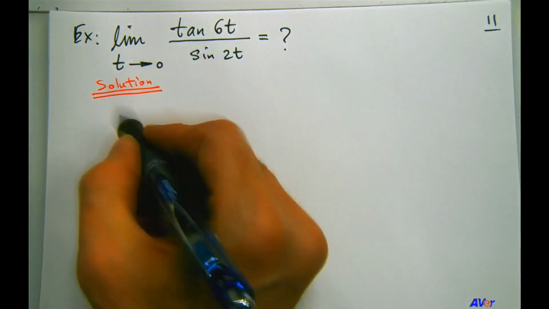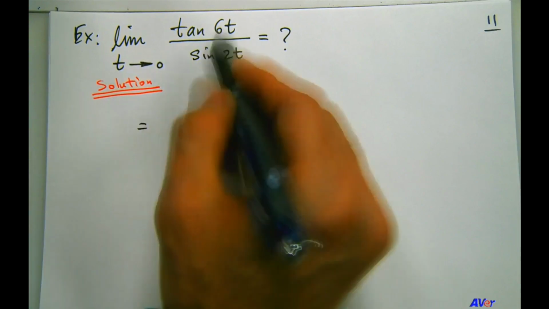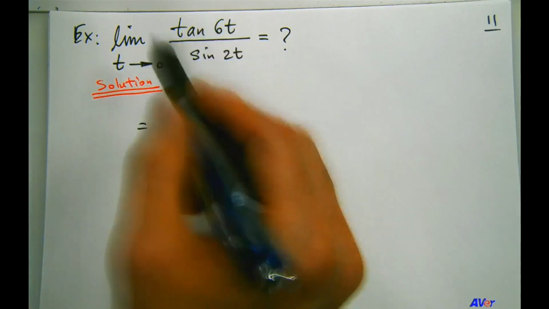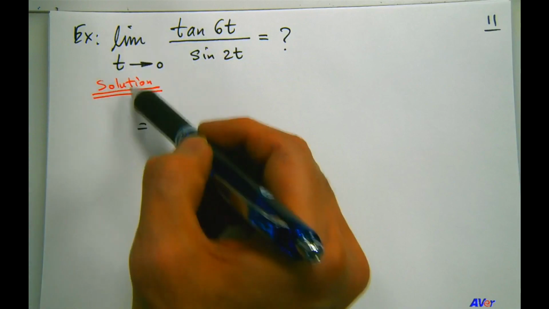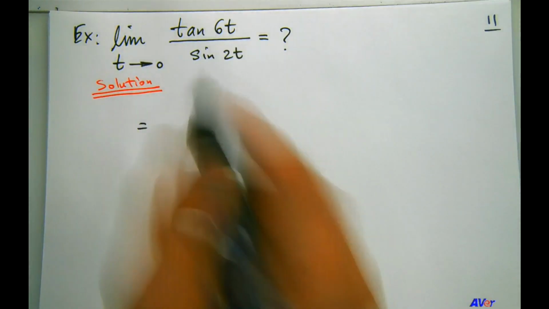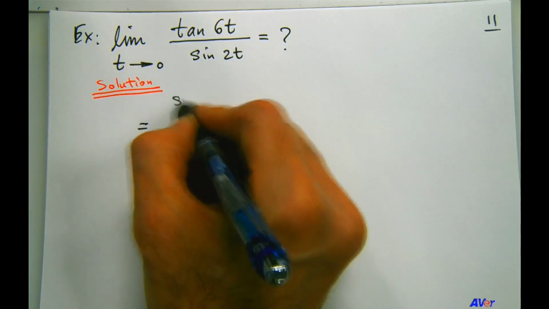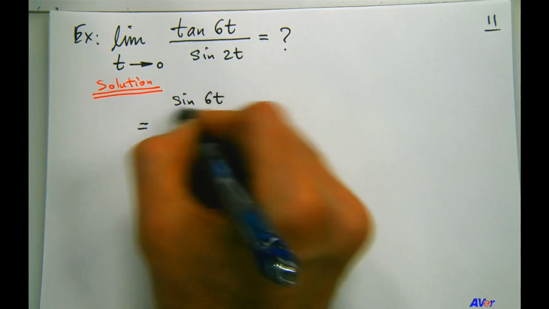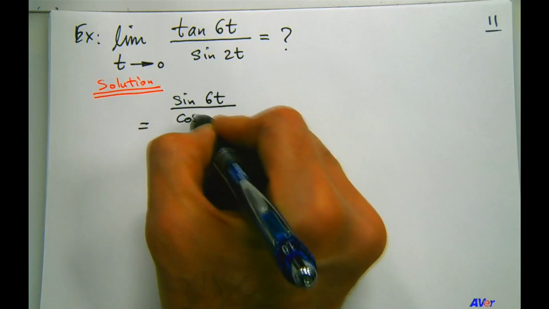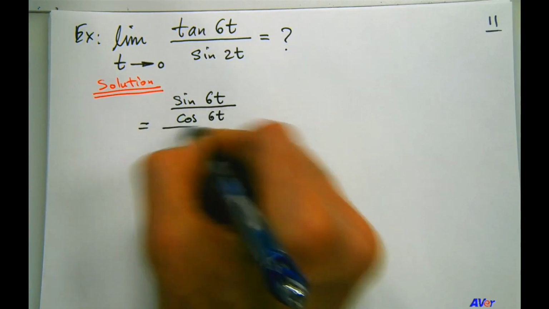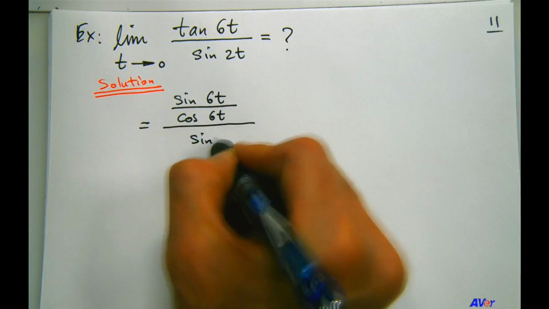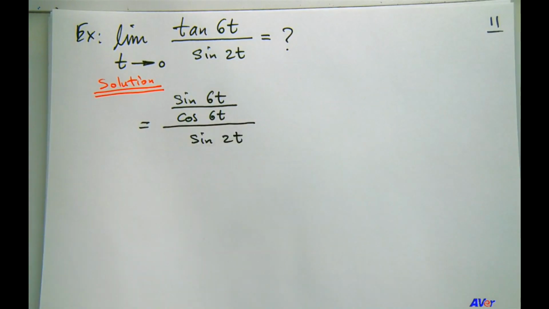relationship. I'm just going to deal with this expression first, and then apply the limit to the simplified version of it. So we have sine of 6t divided by cosine of 6t divided by sine of 2t.